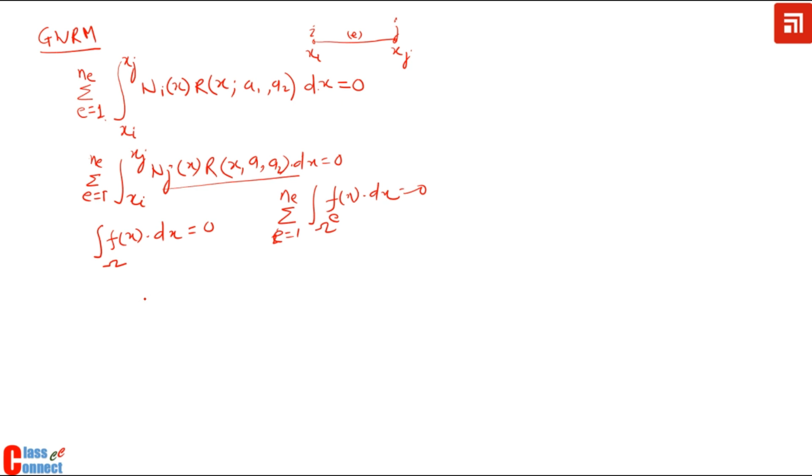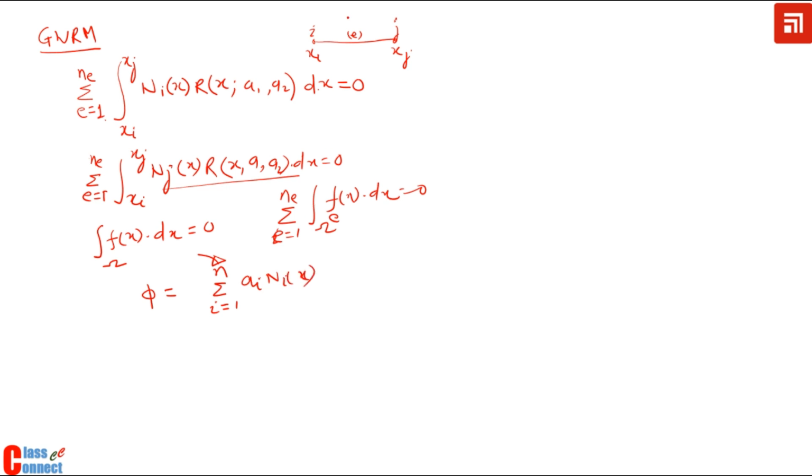So here phi I can represent like this, that is summation of i is equal to 1 to n. What is n here? n is the number of nodes per element. So I can write this as ai Ni(x).